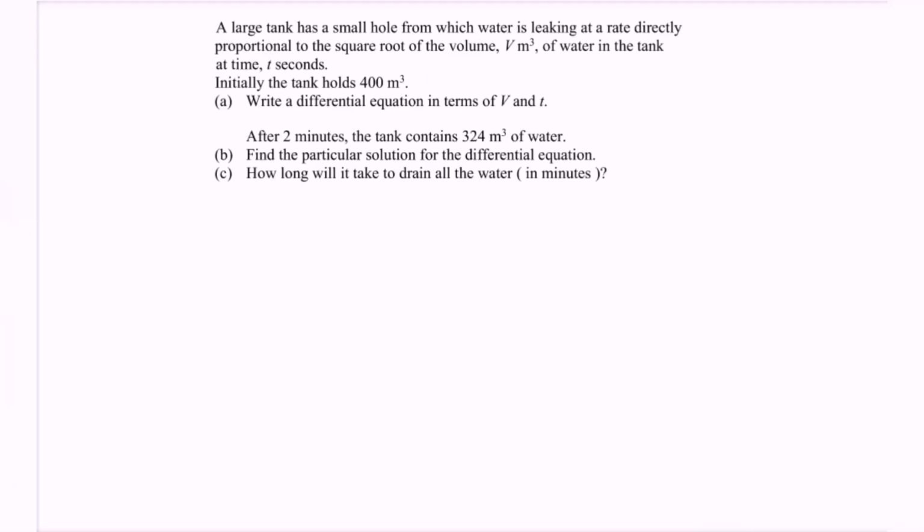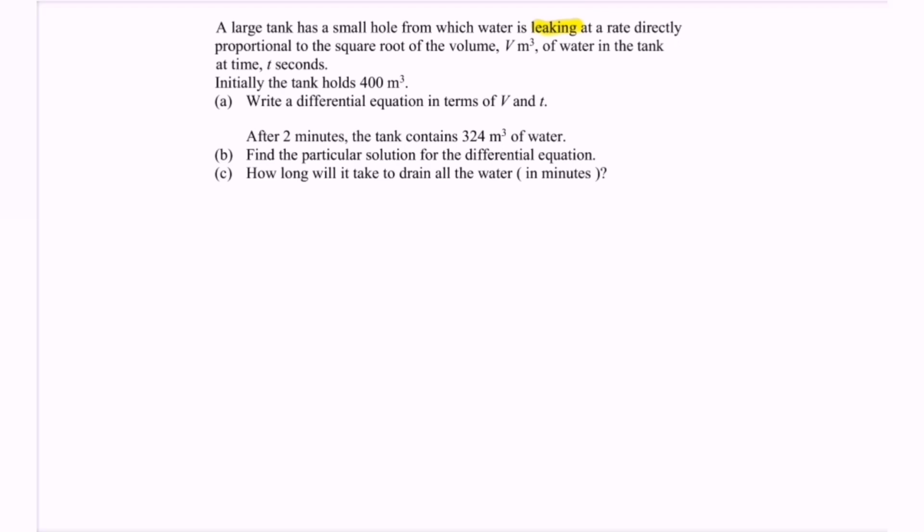Hello everyone, in this video I'm going to discuss an example for first order differential equation. Kindly refer to the question: a large tank has a small hole from which water is leaking. So the keyword is leaking, at a rate directly proportional to the square root of the volume V meter cube of water in the tank at time t second.